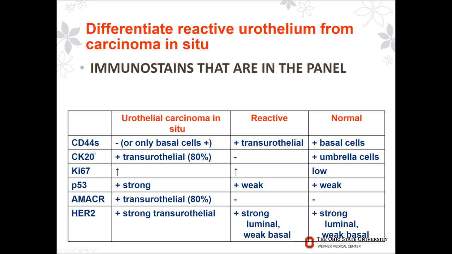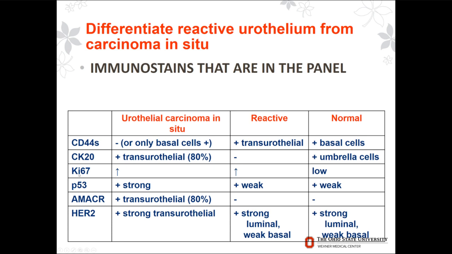So if you did CD44S, this is usually negative in urothelial carcinomas, or only basal cells are positive. In a reactive pattern or a normal pattern, you can separate this out because you will see transurothelial staining with reactive urothelium or only basal cell staining.